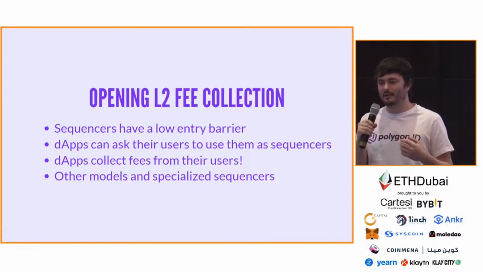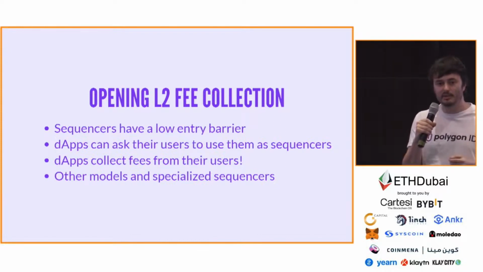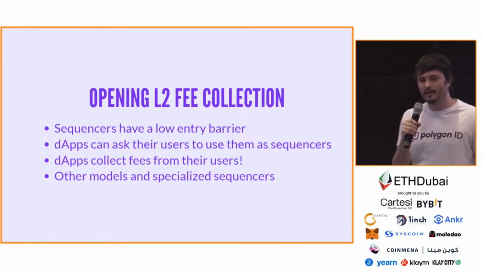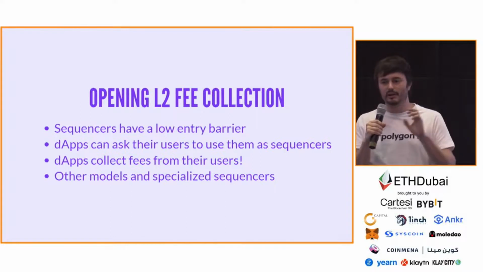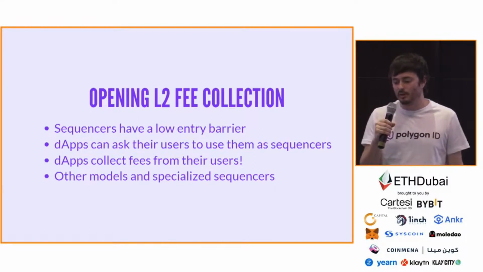So if you are a dApp and you are able to bring transactions to the network, you will be rewarded for doing so. And by the way, being a sequencer is quite easy in terms of requirements. You need basically a layer 1 node and a layer 2 node, and that's it. You don't need crazy hardware. You don't need crazy staking. So the entry barrier for achieving this is quite low.